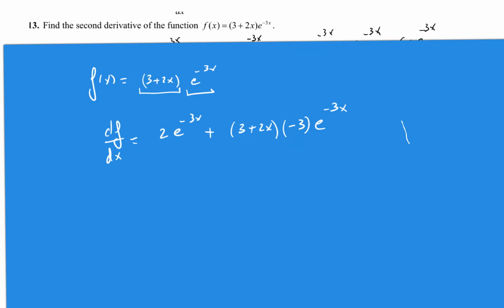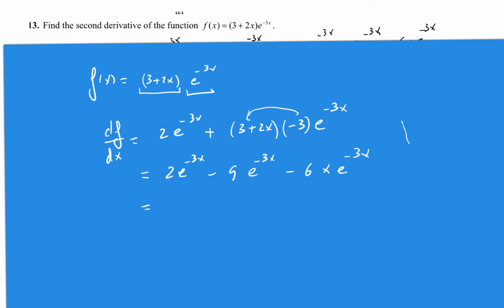So now let me try to compress this a little bit. So it will be 2 times e to the minus 3x plus 3 times 3 is minus 9, minus 9 times e to the minus 3x. So it's this by this, minus 9 minus 6 times x e to the minus 3x.